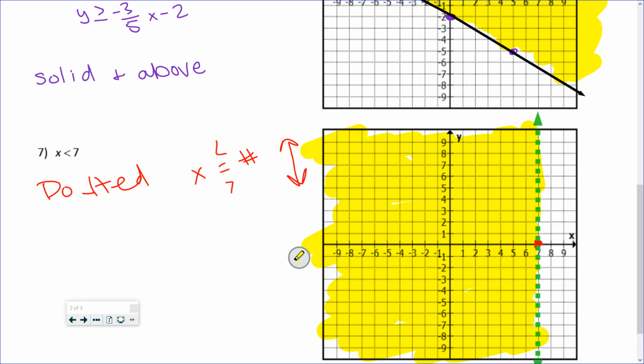None of those are going to work because our line is dotted. Good. What about 6.999992? Yes, it's not 7, right? So as long as I'm less than 7 with my x, we're good to go. All right. So we feel good about graphing, shading, knowing what is and is not a solution.